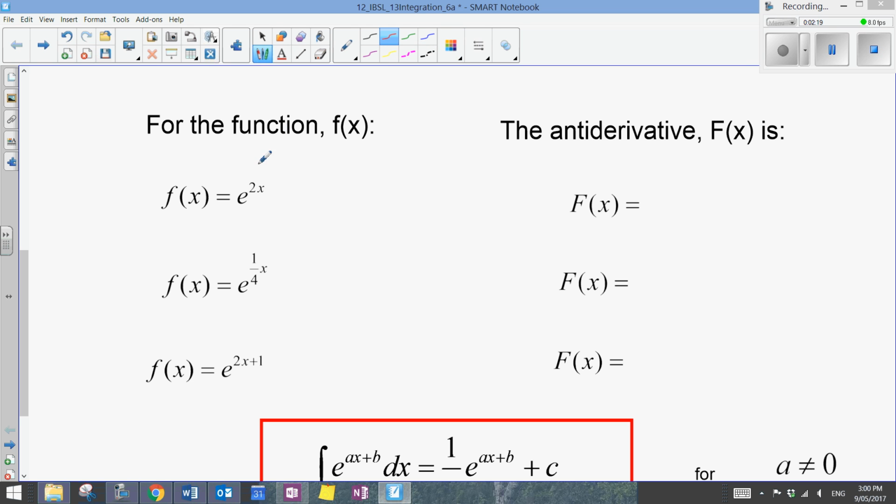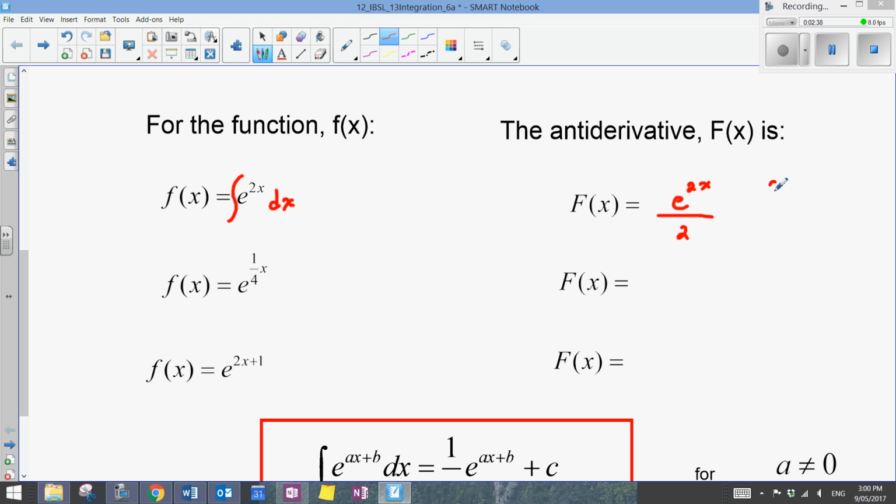So here, if we wind up taking the integral of e to the 2x with respect to x, we will wind up keeping the original function, again using the chain rule, but now instead of multiplying by the derivative of the exponent, we're going to divide by the derivative of the exponent.